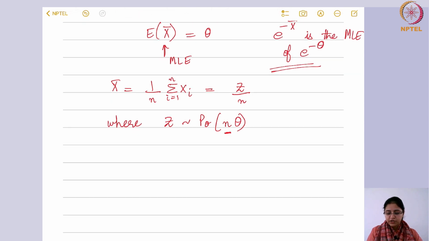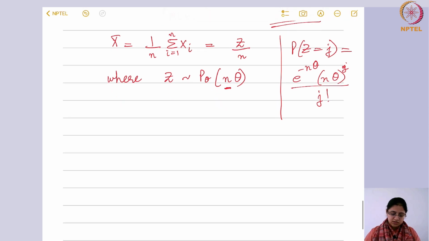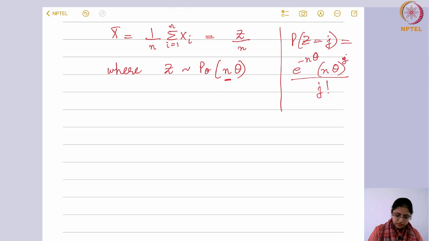And the corresponding PMF would be e power minus n theta, n theta raised to the power j, over j factorial, right? So this is the probability that z is equal to j, because z is following Poisson with parameter n theta. Now with this knowledge, let us start with your result.